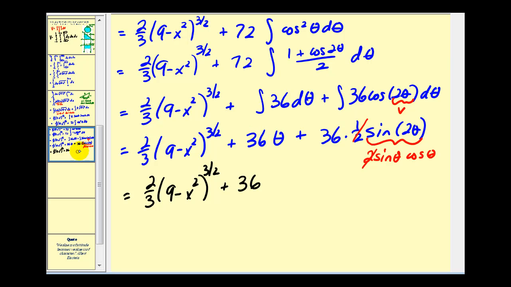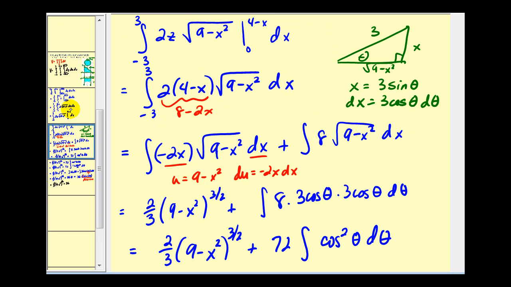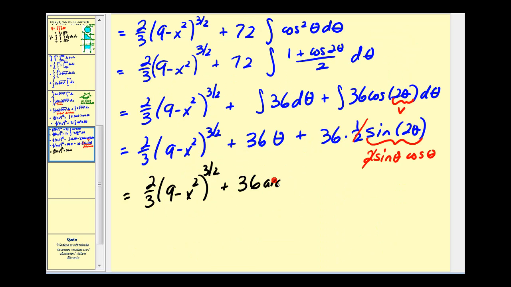Let's see how we're going to write theta. Looking at this equation here, sine theta is equal to x over 3. So theta would be equal to arc sine of x over 3. And then here we're going to have 36 times sine theta cosine theta.